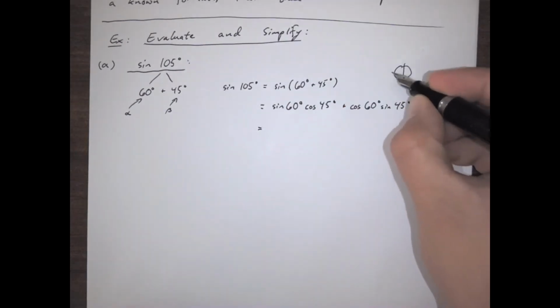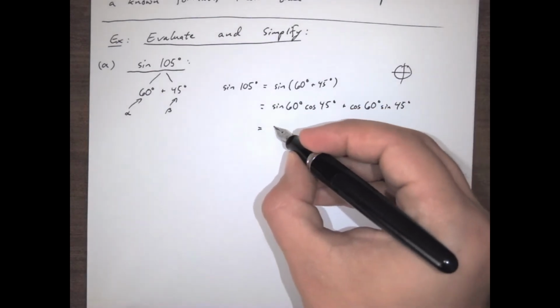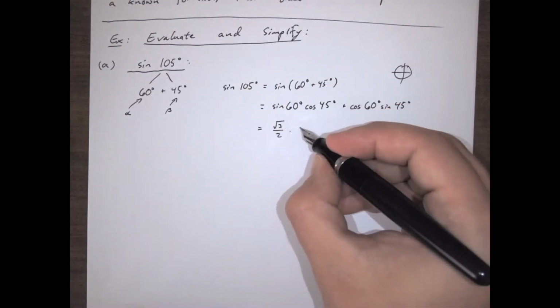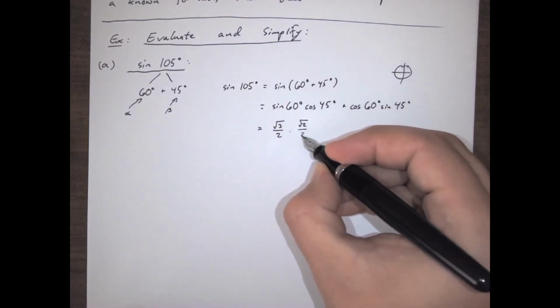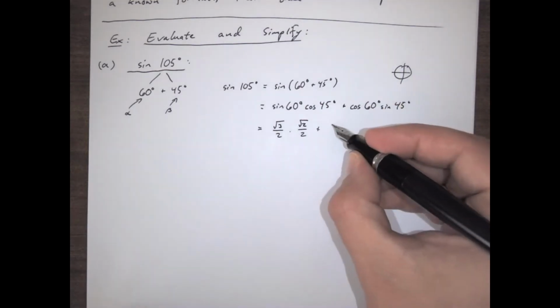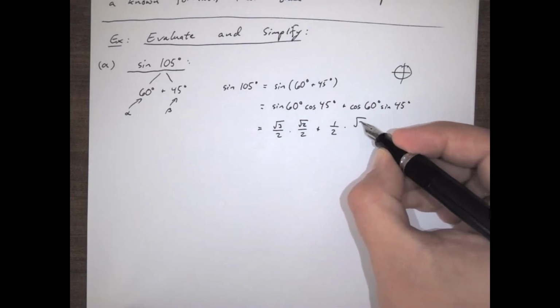So 60 degrees is the high one, so that means the sine being the y will be the big value, root 3 over 2. Cosine 45 is root 2 over 2, plus, and then here cosine 60 is 1/2, and sine 45 is root 2 over 2.